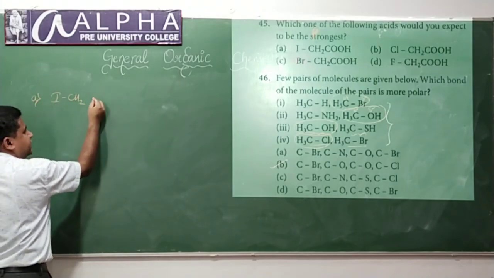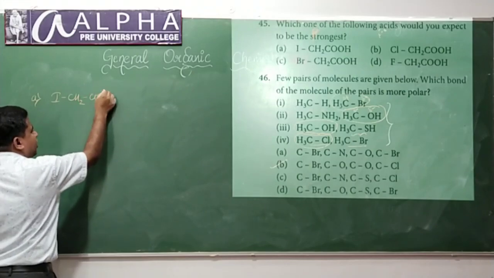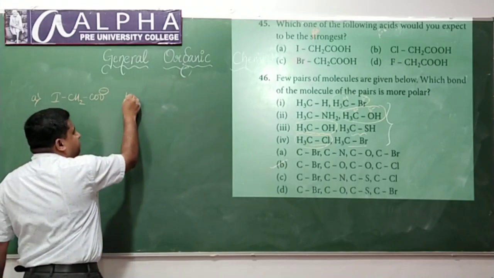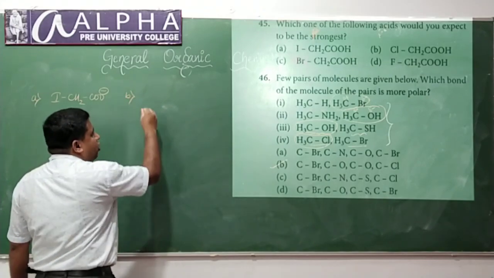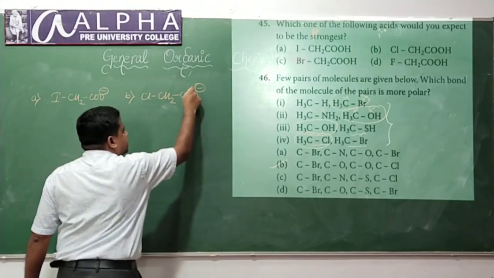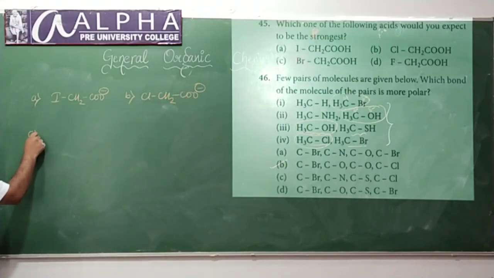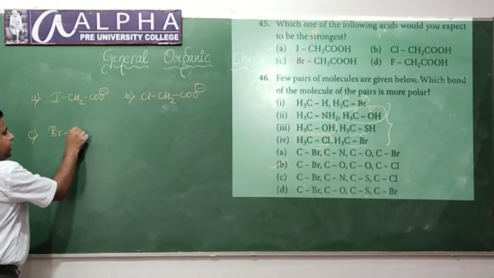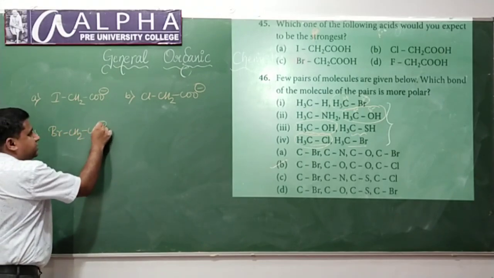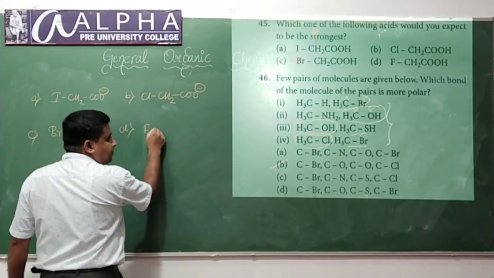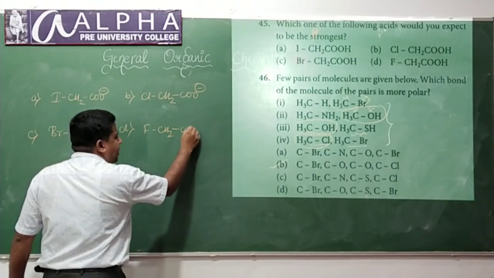So from iodoacetic acid, upon losing H plus ion, we will get this ICH2COO minus. And in option B, upon losing H plus ion, we will get ClCH2COO minus. In option C, upon losing H plus ion, we will get BrCH2COO minus. And in option D, upon losing hydrogen, we will get FCH2COO minus.